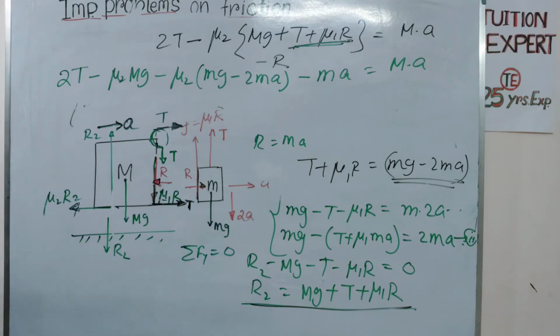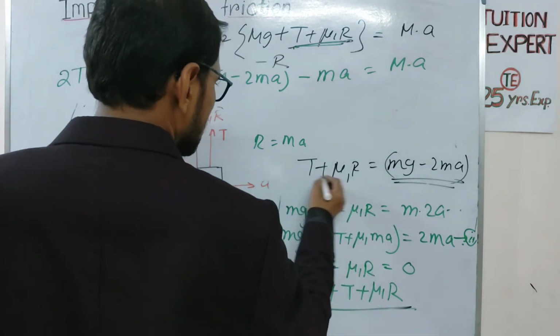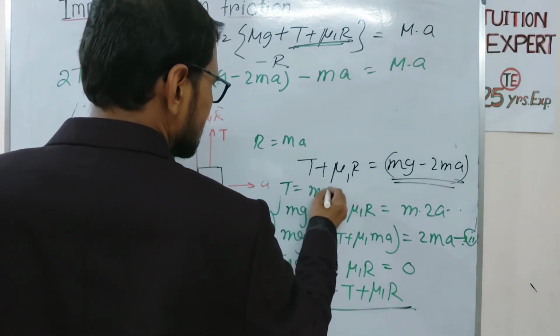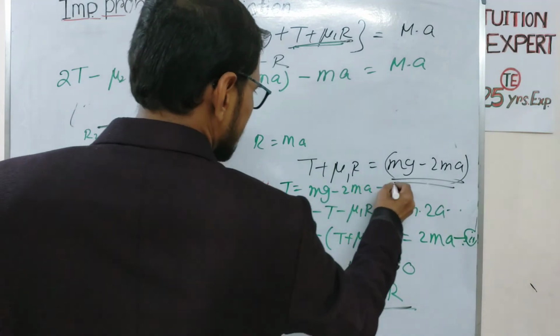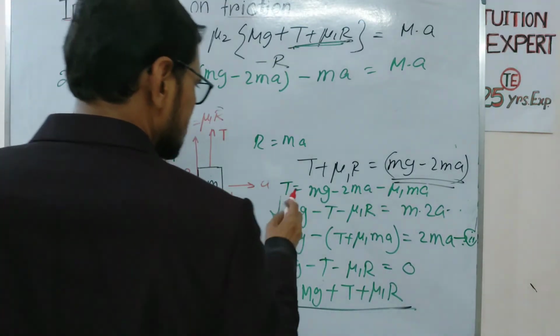Now also T equals, from this equation, mg minus 2ma minus mu1 into R, with R equal to ma.